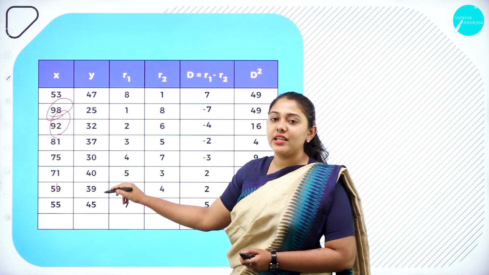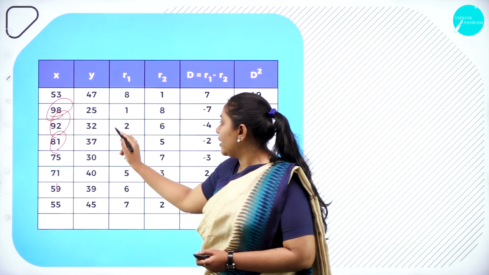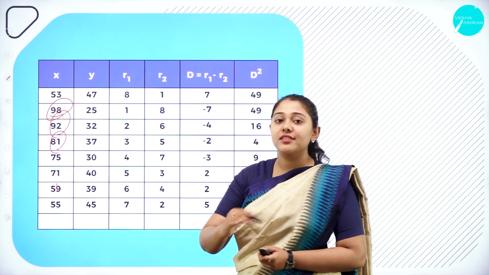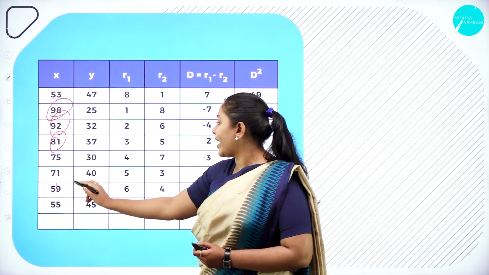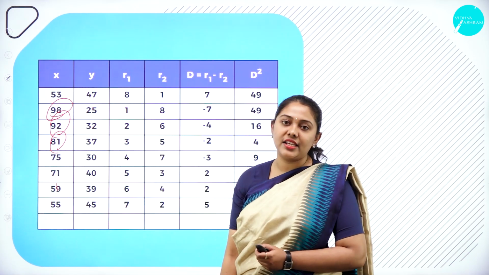The third highest is 81. Likewise, we give ranks based on the numbers: rank 1, rank 2, rank 3, rank 4, rank 5, rank 6, rank 7 and rank 8.